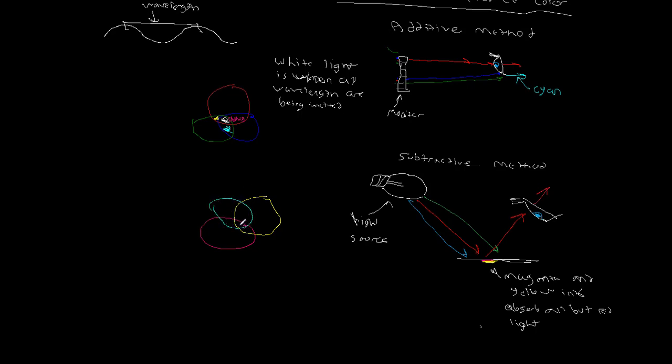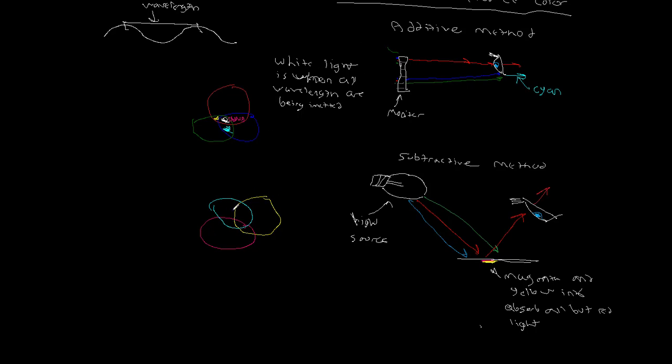Where all three overlap, we get black. If we put all three of these inks on top of each other, we're producing black ink. We're mixing together the three, absorbing everything, and nothing is escaping. So our eye would see no color.